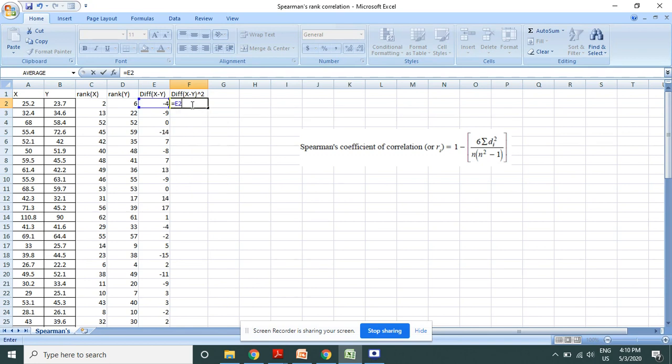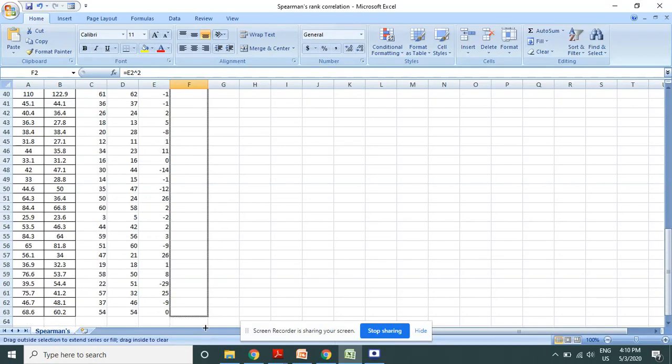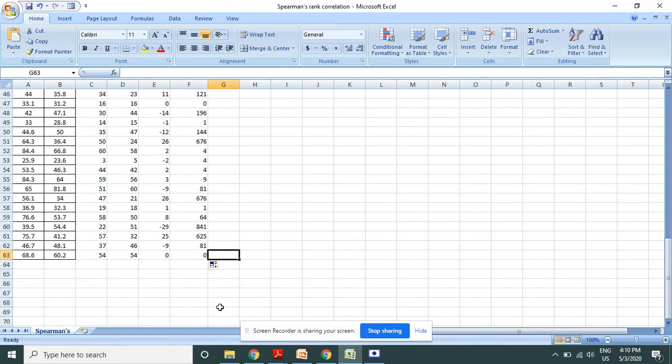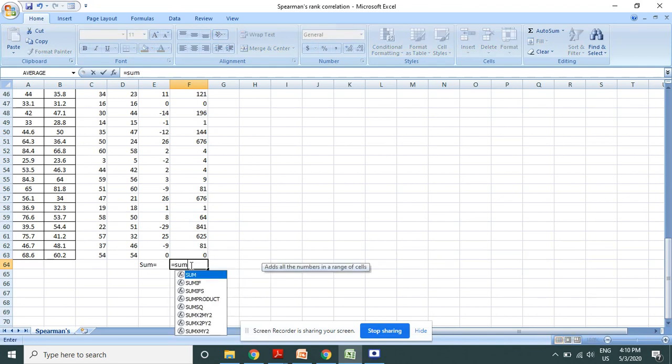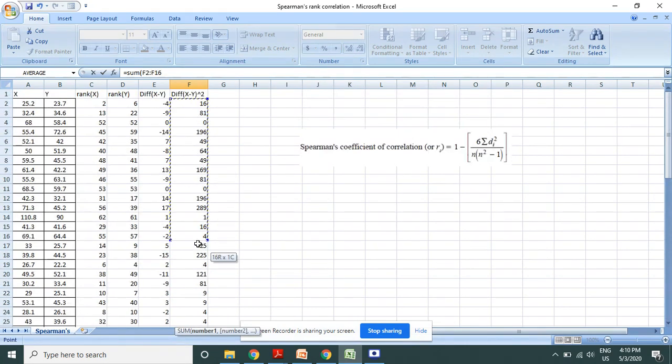So I can write, and it can be extended. Now here we will require the sum of the squares of the differences. So we can write the formula here, summation of this whole column.